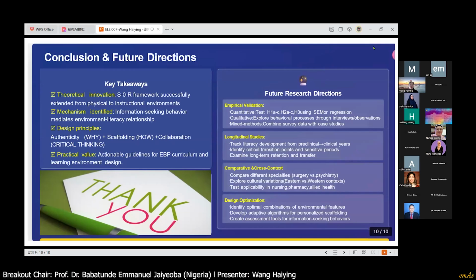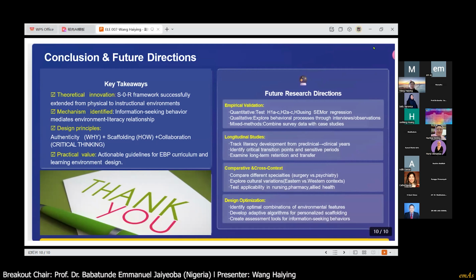This is a conceptual framework. We have a lot of literature review, but in this presentation, because the time is limited, we did not show a lot. This is conceptual framework research. All right. Okay. Thank you.